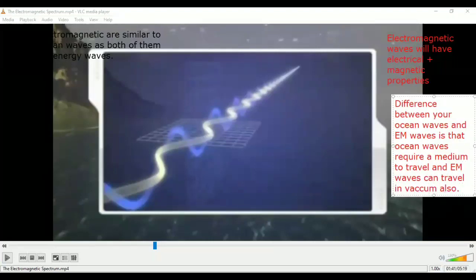So this is the reason we can have visible light and ultraviolet rays coming to the earth surface, though the natural source is the sun. Clear?